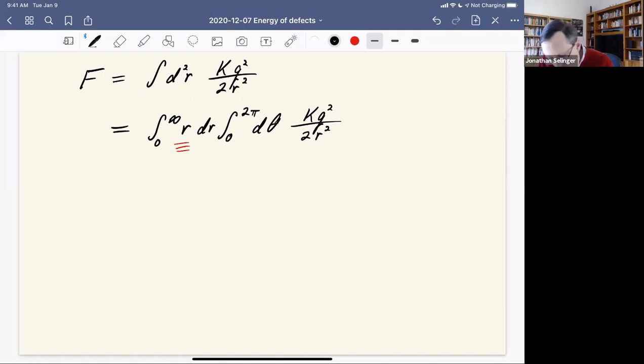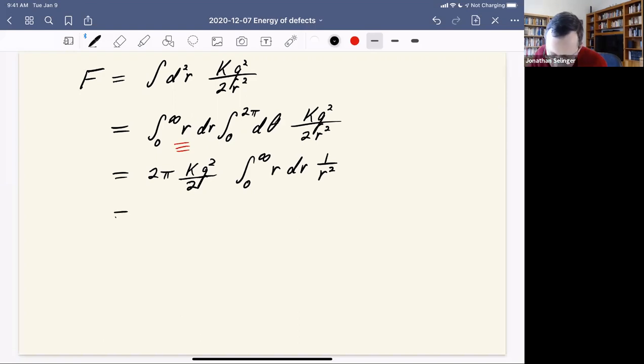We need to do an r integral and a theta integral. The theta integral is easy because nothing depends on theta. That just gives us an overall factor of 2 pi. I'll factor out the k, the q squared, and the half. We have an integral from 0 to infinity of r dr, and there's a 1 over r squared that needs to get integrated.